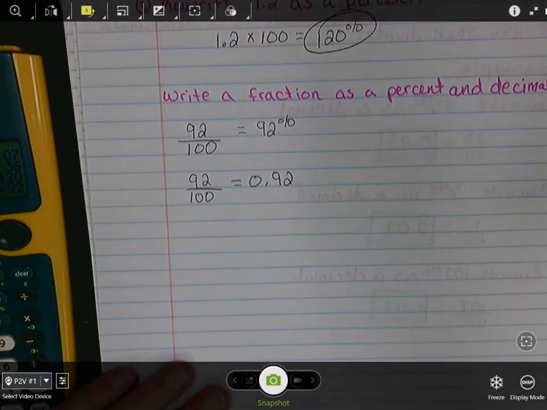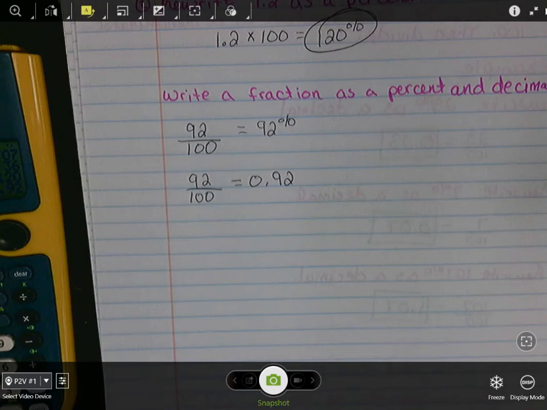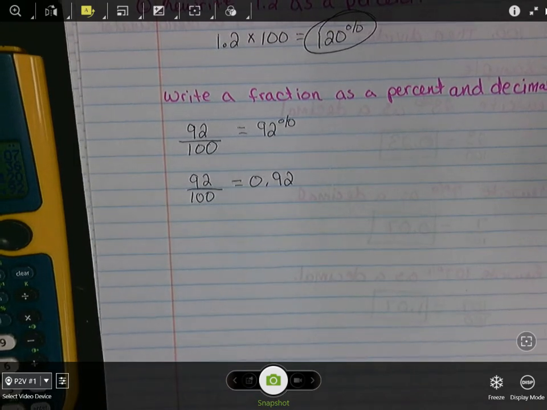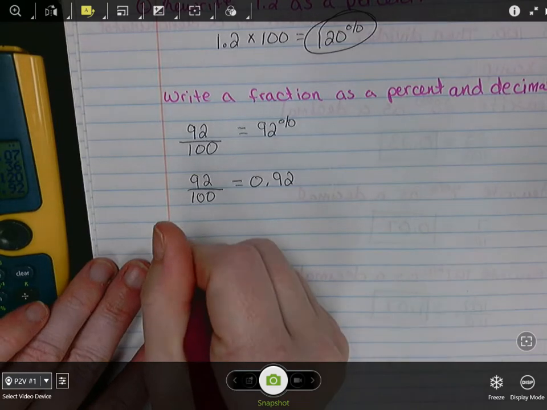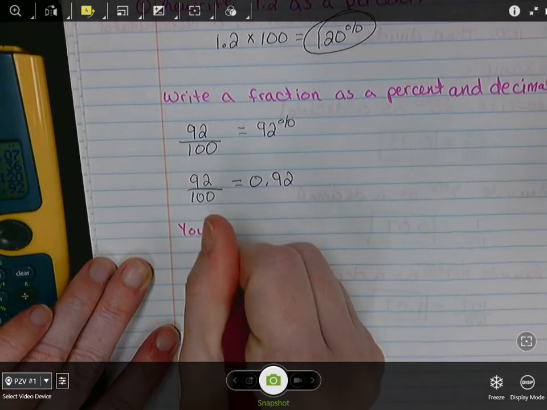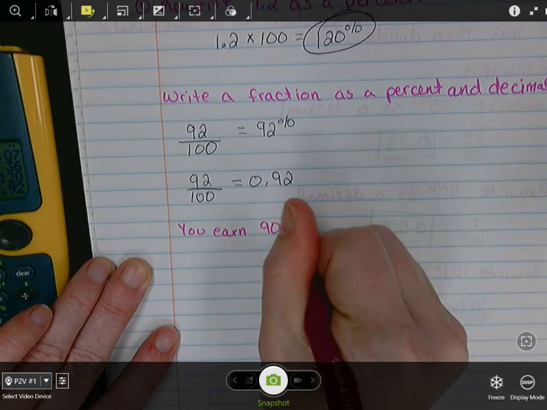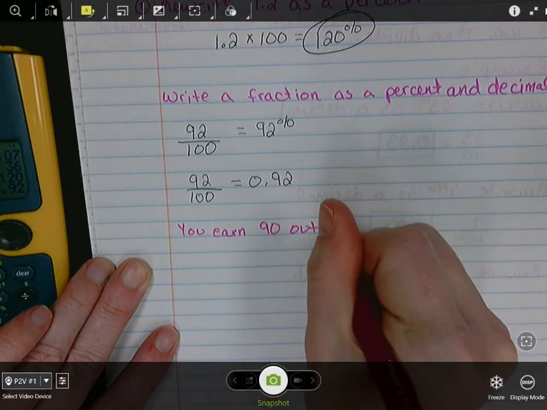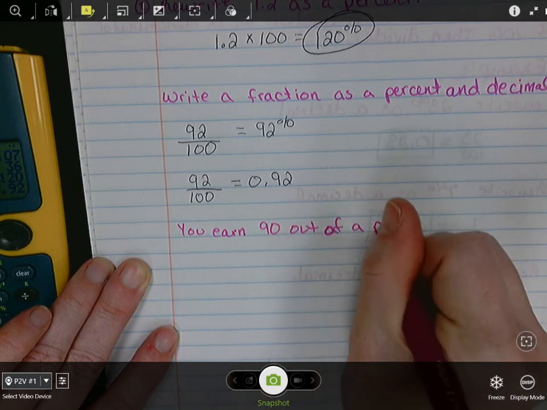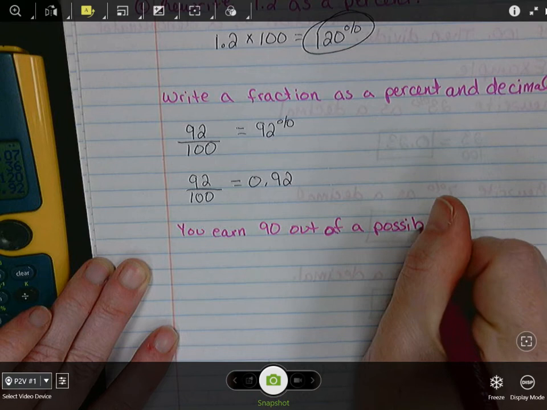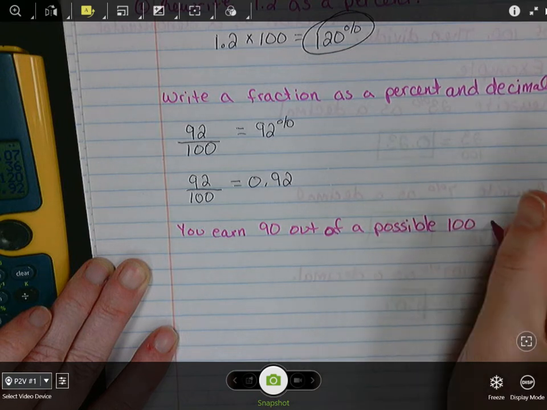Okay, let's do an example. You earn 90 out of a possible 100 on a math test.